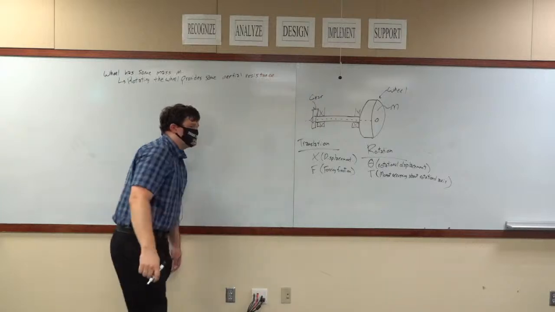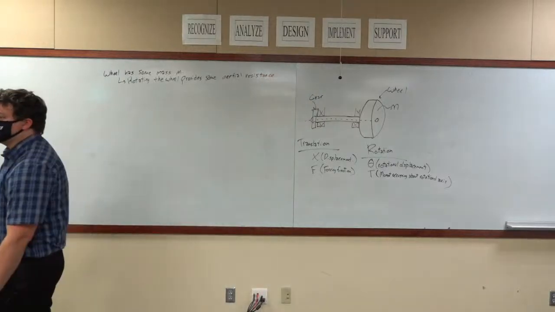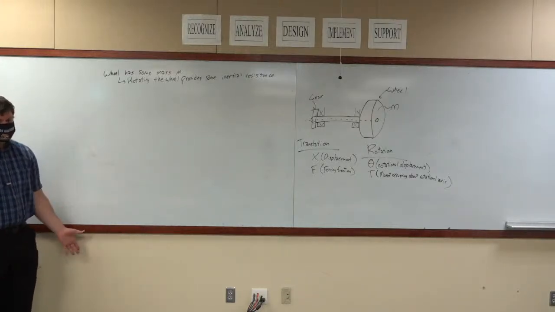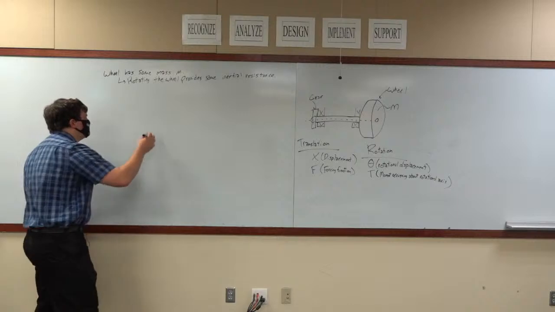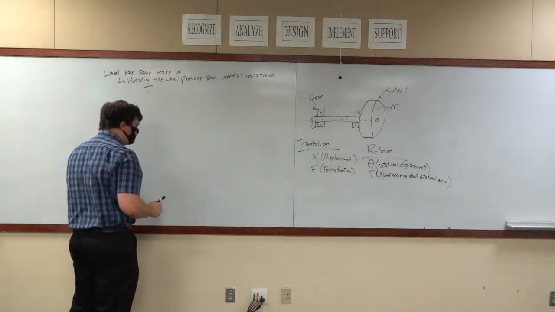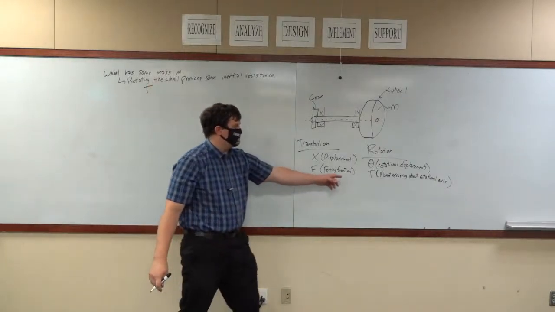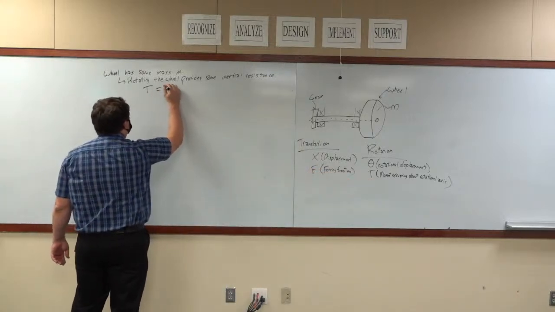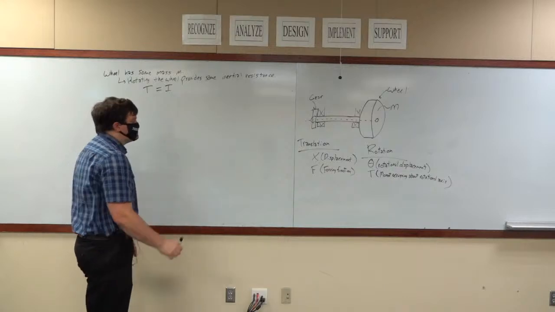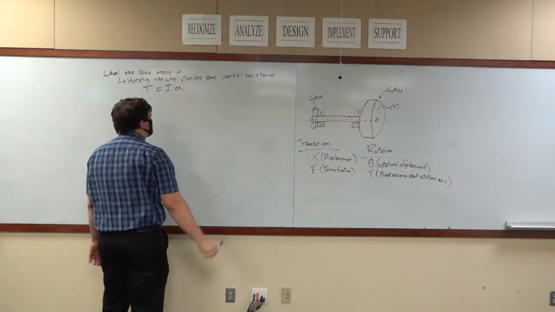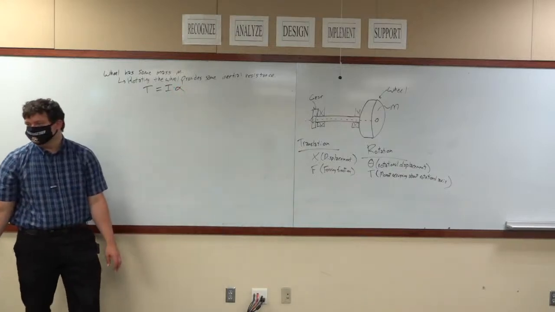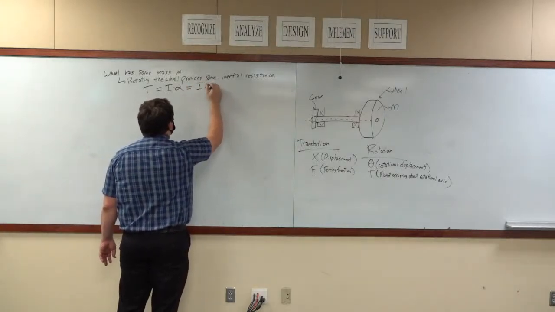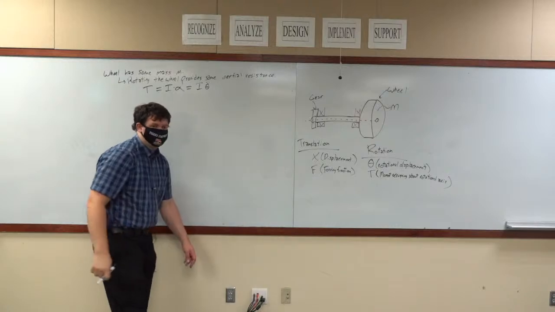In a translational system, that inertial force was mass times acceleration. In a rotational system, that torque, because that's the rotational analog here, is going to be equal to the mass moment of inertia times the angular acceleration, which is I theta double dot.